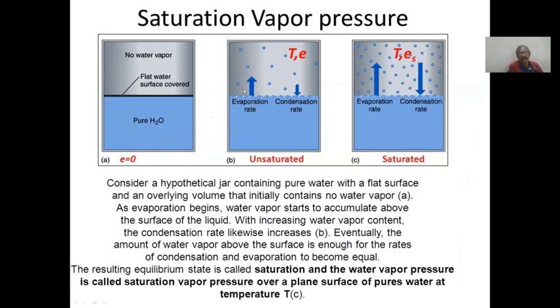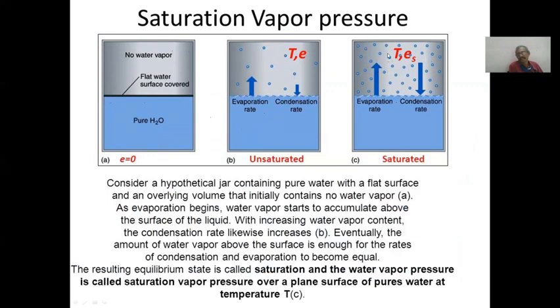But the evaporation rate, to start with, will be higher, and condensation will be smaller. Then after some time, both will reach equilibrium, and at equilibrium you will have water vapor, and you will have a vapor pressure that would exist at this place.